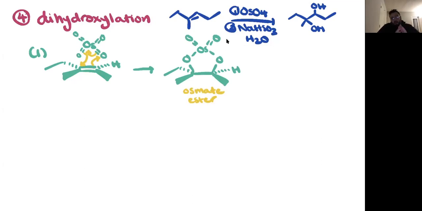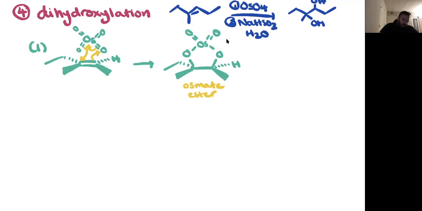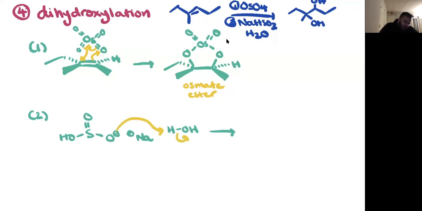Okay. Now, the next step will involve breaking this osmate ester to form your new alcohols. Okay, so first of all, you're going to take your sodium sulfite, or NaHSO3, and you're going to react it with water in order to form this conjugate acid, plus a hydroxide.